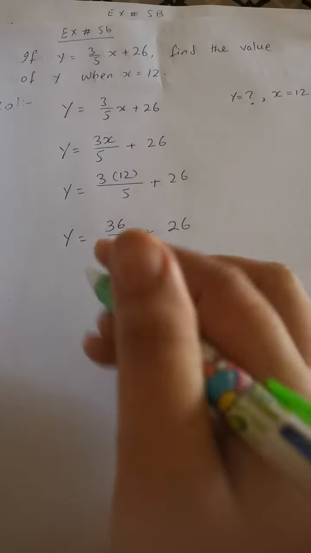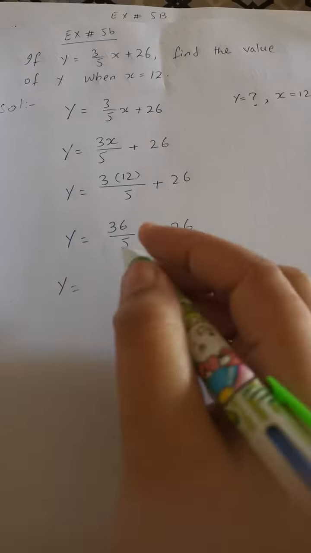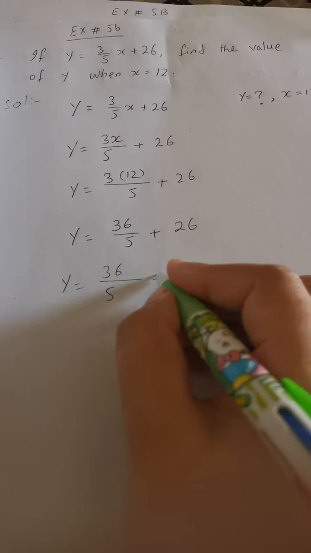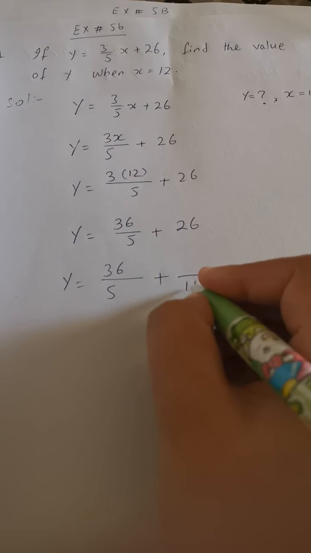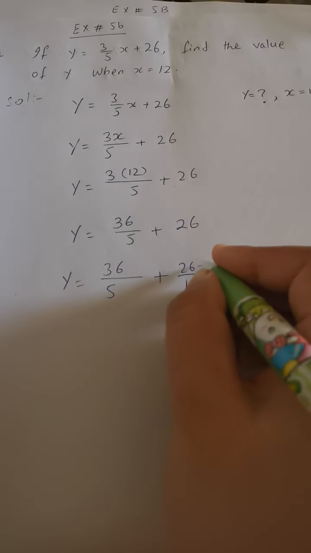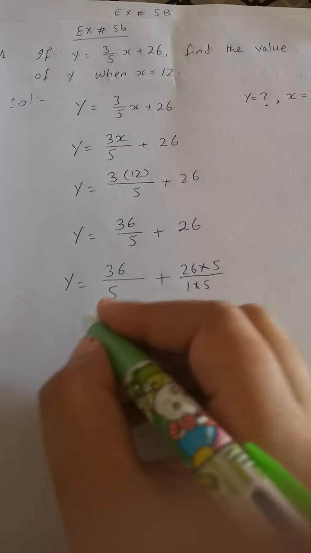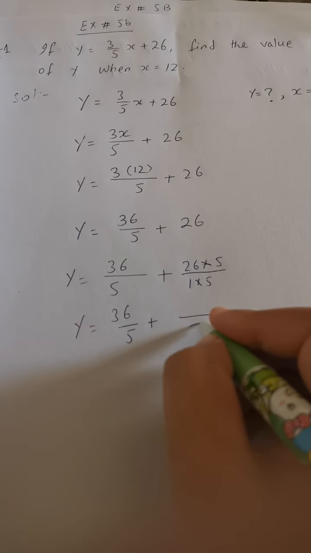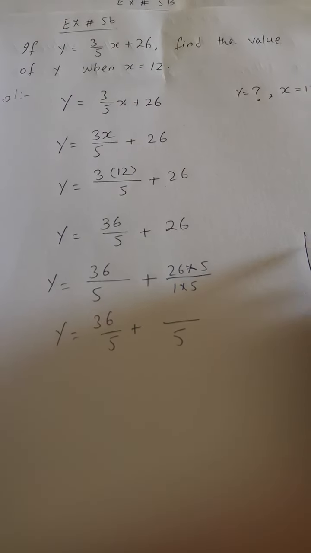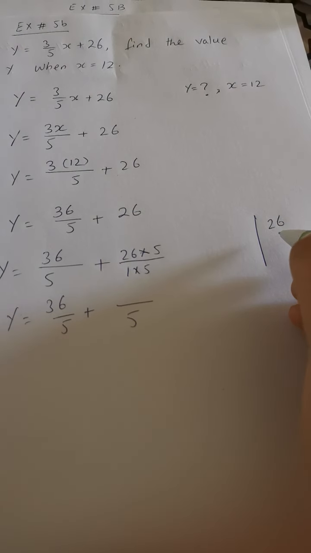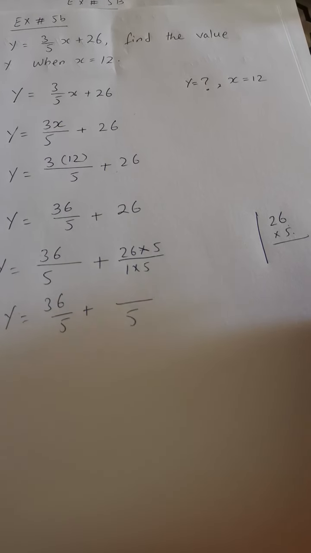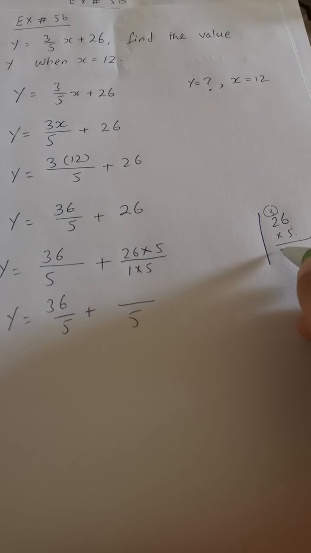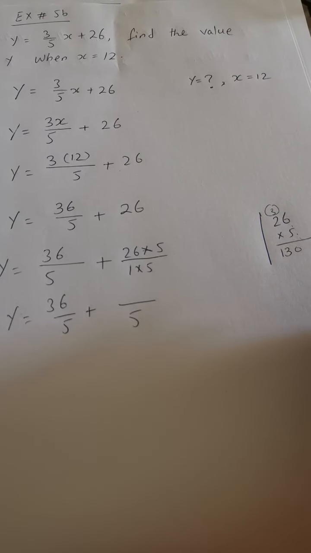Okay, you have to add the numbers, and this is a fraction. It means you have to make the denominator the same first. It is 5. You can make it 5 by multiplying up and down. Multiply 5. 36 over 5 plus 1 fives the 5, 26 multiply by 5. 5 sixes the 30, 0, 3 carry, 5 twos the 10 plus 3, 13.